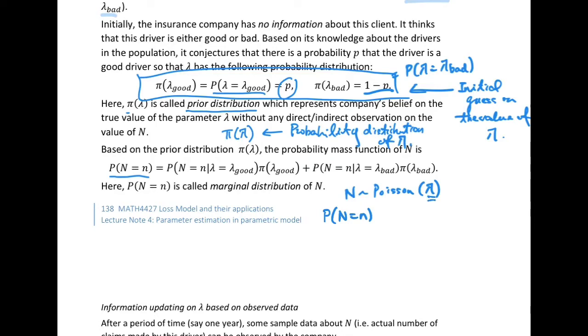Given this uncertainty of lambda, what you can do is compute this probability using the law of total probability. That is, you consider all possible values of lambda, and multiply by the corresponding likelihood that lambda equals a particular value.